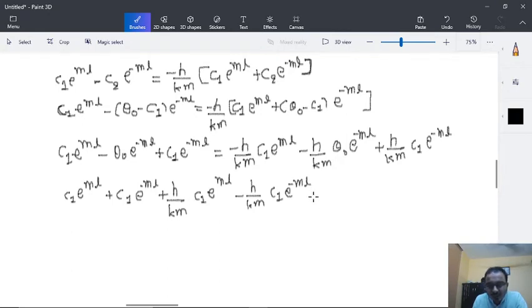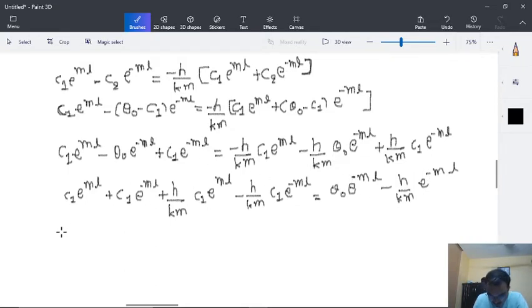So this is equal to theta 0 e raised to mL minus h by km e raised to minus mL. I have made a mistake, this was minus mL.